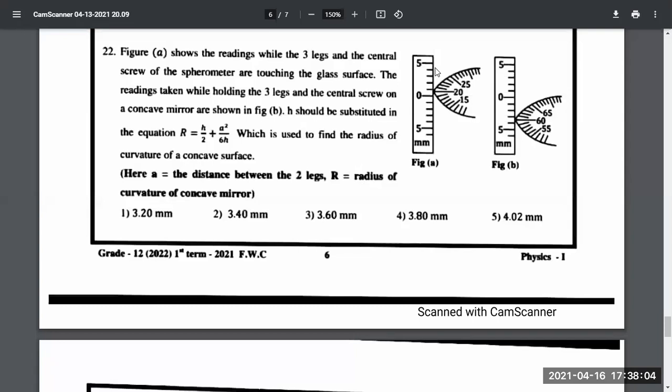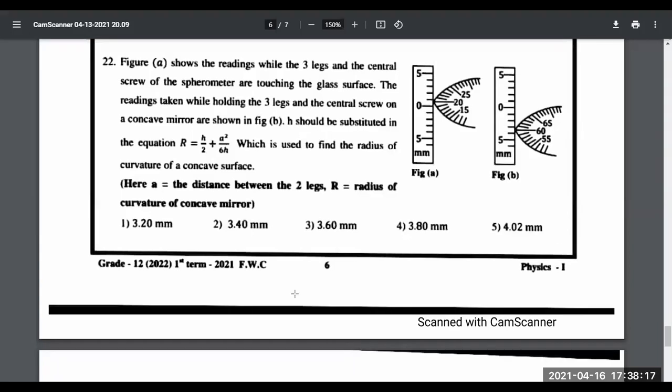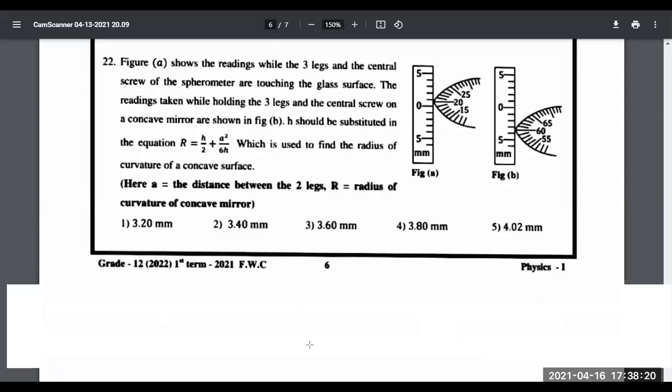Question number 22. Figure A shows the reading while the 3 legs and central screw of the spirometer are touching the glass surface. Okay, that means they are checking for the zero error. The readings taken while holding the 3 legs and the central screw on the concave mirror are shown in figure B. It should be substituted in this equation, which is used to find the radius of curvature of a concave surface.